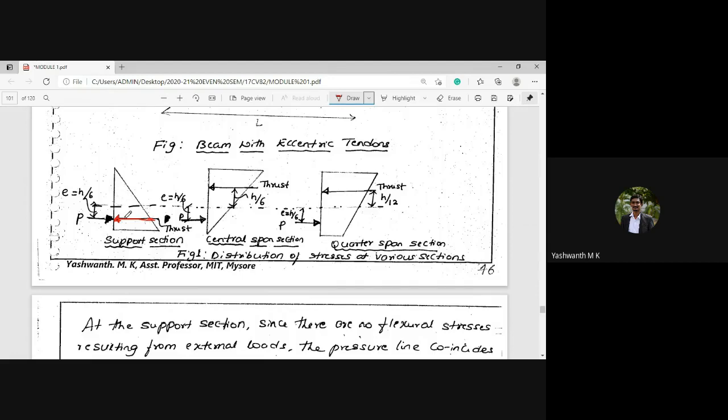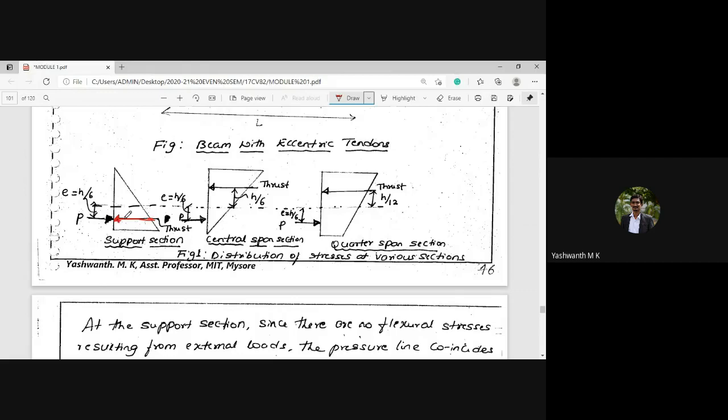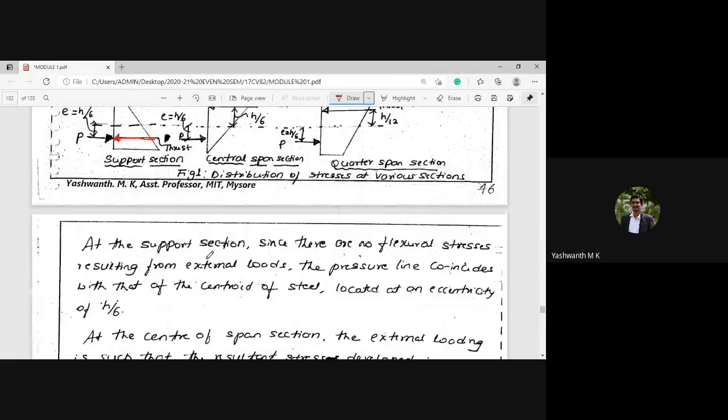That's what I have written at the support section: since there are no flexural stresses resulting from the external load, the pressure line coincides with that of the centroid of the steel. So this will be the center of the steel, located at an eccentricity of h by 6. So this is regarding your support section. Let me move on to the next.